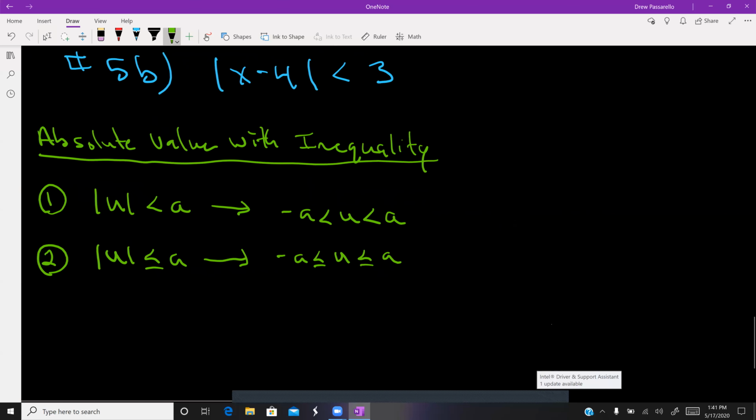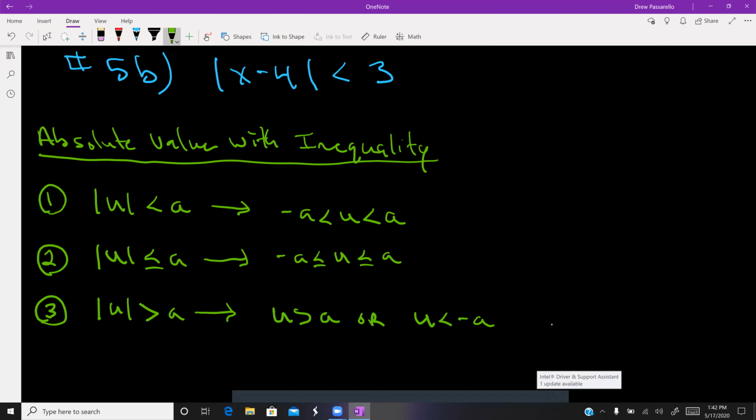Now there's a third case. If it's a greater than sign, you're going to have two possibilities: u is greater than a, or u is less than -a.